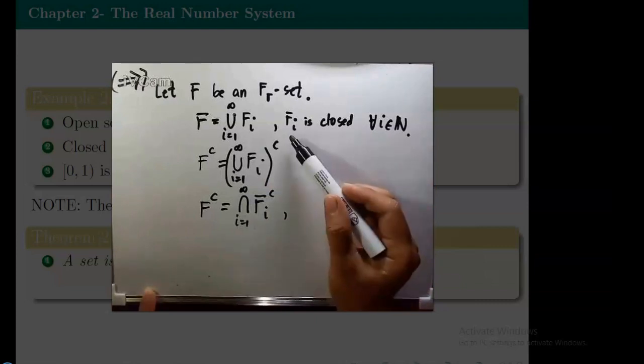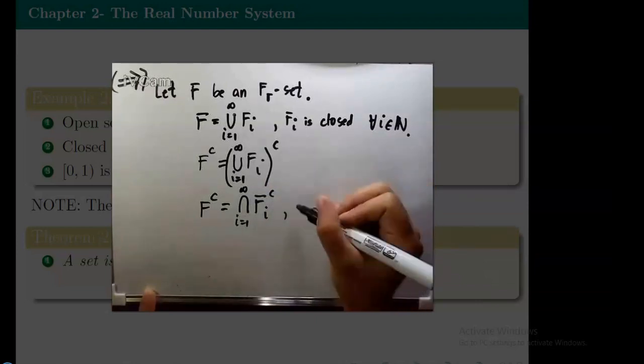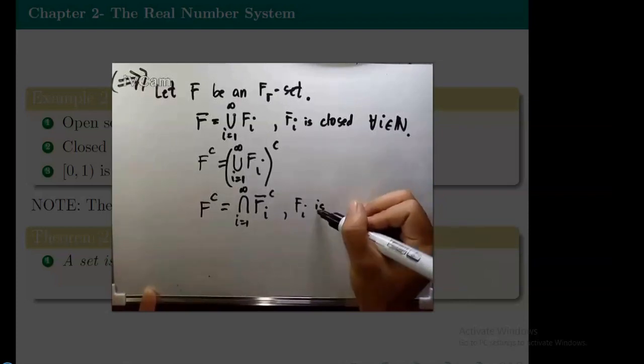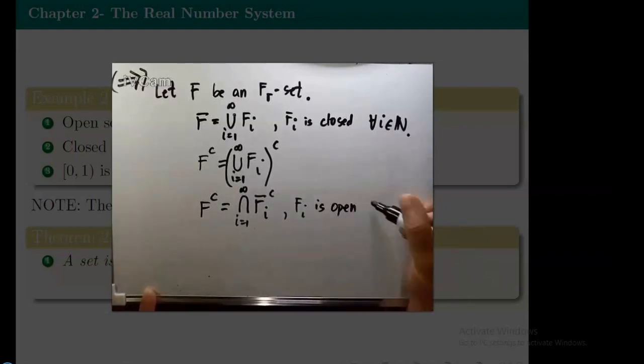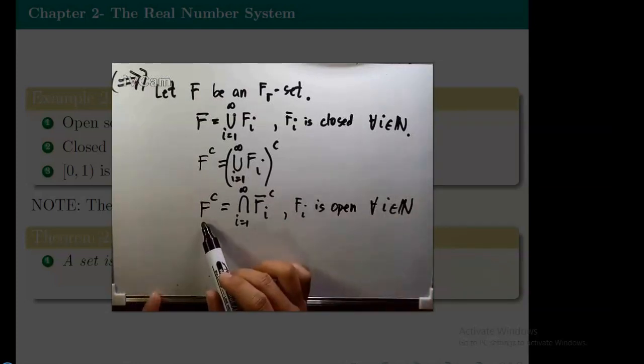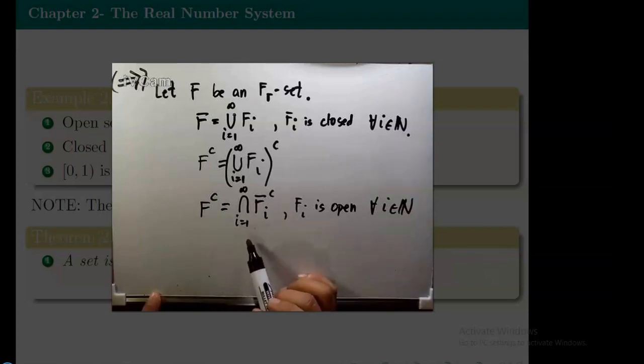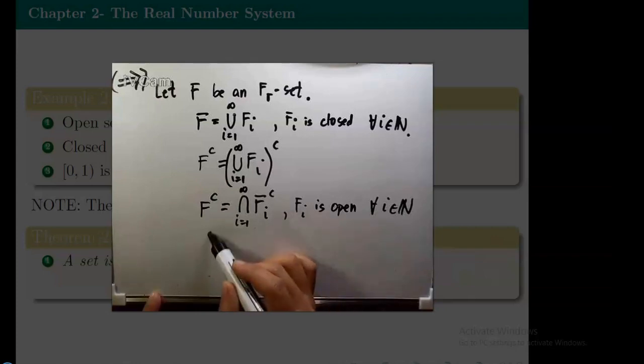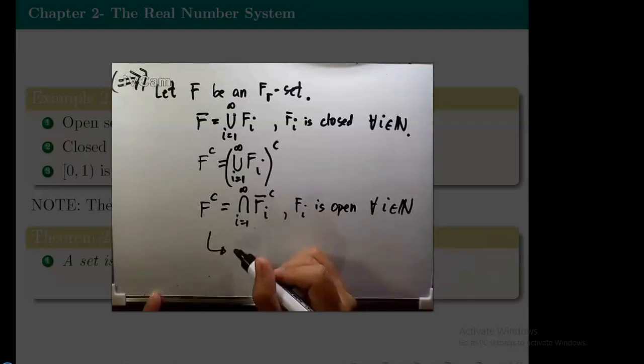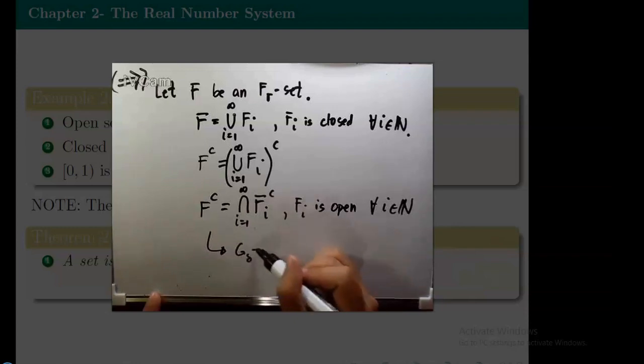Now take note, F sub I is closed, so its complement is of course open for all I in the set of natural numbers. Now the complement of F is written as the countable intersection of open sets. It means the complement is a G delta set. So we're done proving the first way.